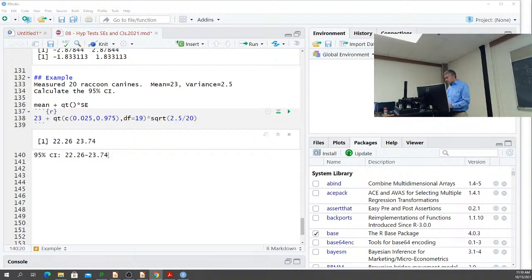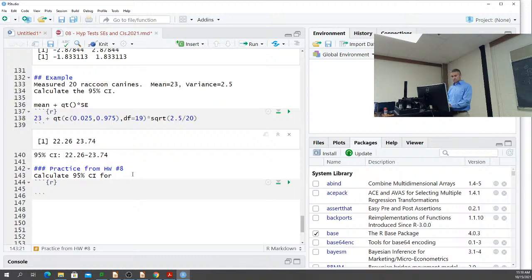Zoom in on this. All right, so these will be the next two practice problems. Example 2. These will be practice from homework number 8. We're going to calculate the 95% confidence interval for this sample.